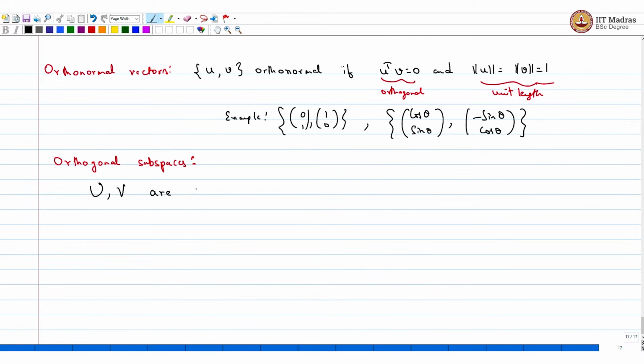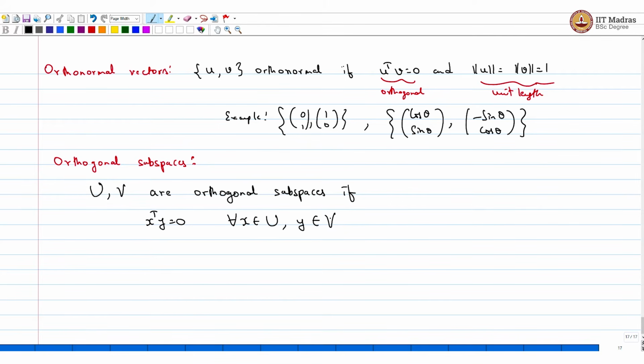So U, V are orthogonal subspaces if x transpose y equals 0. If I take anything from U and any other vector from V, and take the dot product, it has to be 0. This is for all x belonging to U and for all y belonging to V.